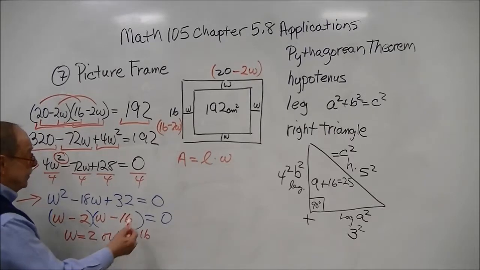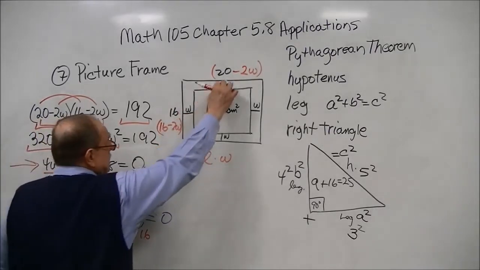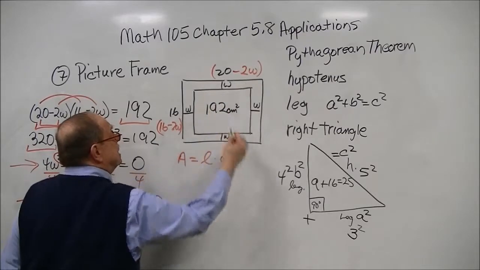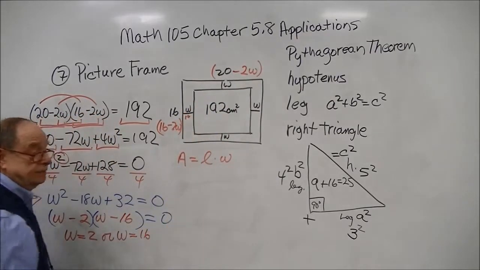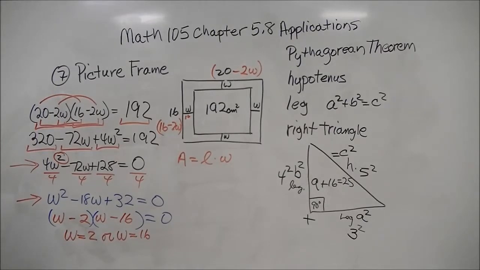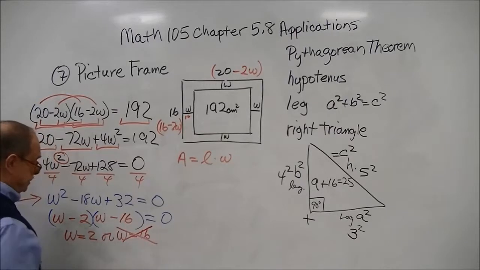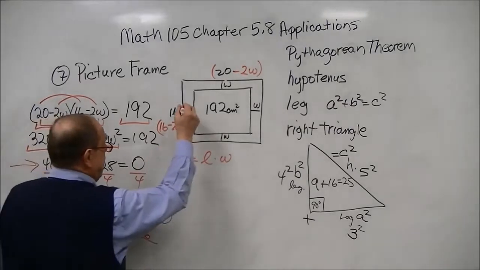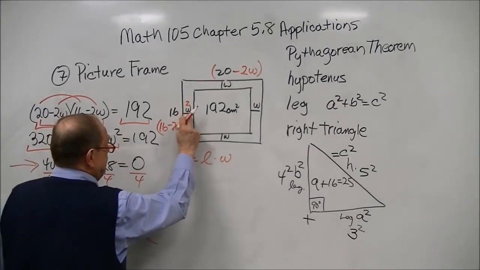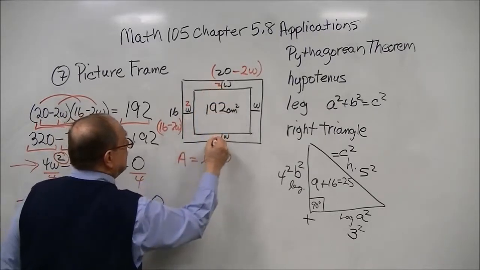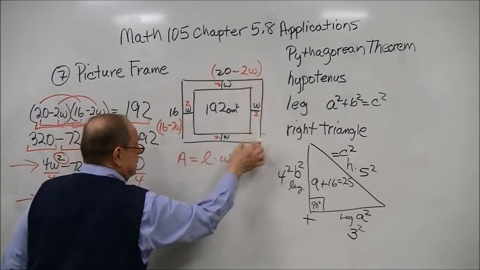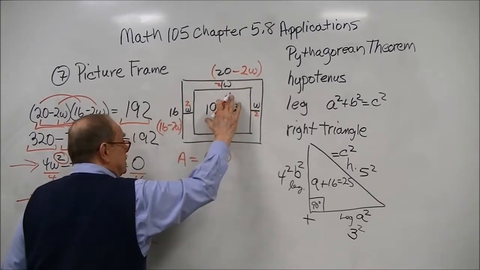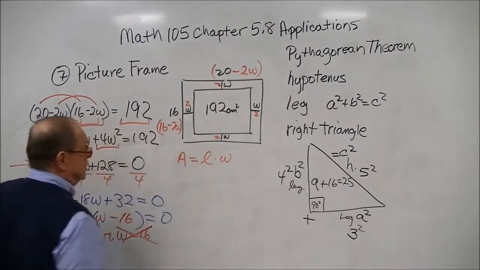Could this width of that little frame that we've put on top be 16 inches? Think about it, and the answer is no. So we reject this answer, and our answer is actually the width is 2 of that little edge frame that we're putting over the mat to cover our center picture.